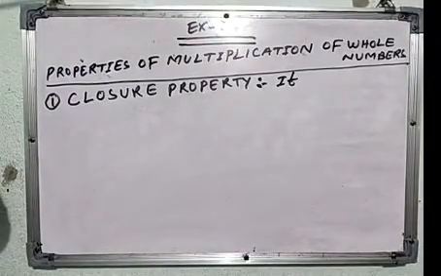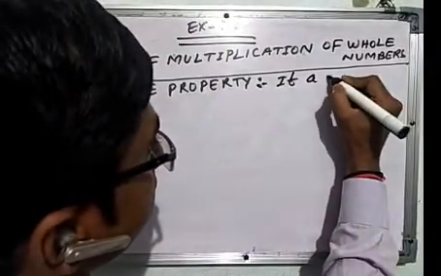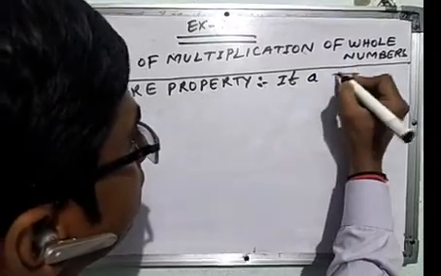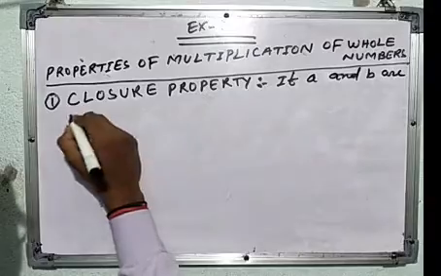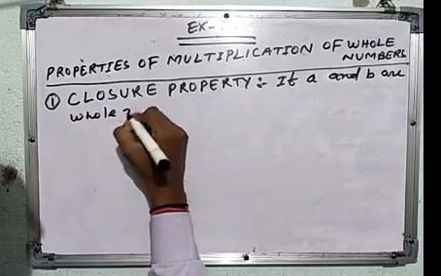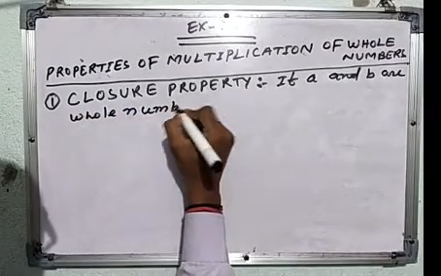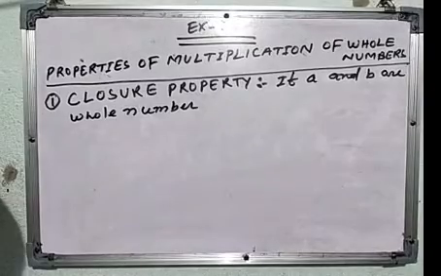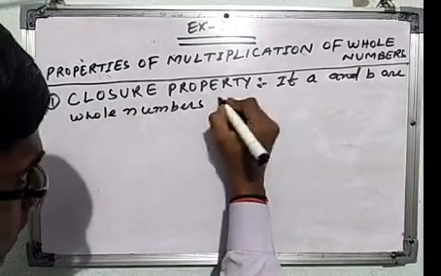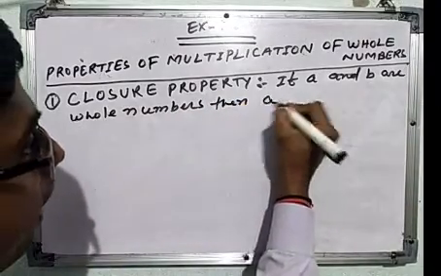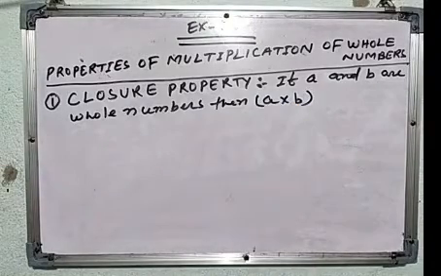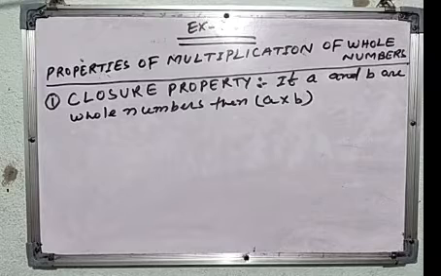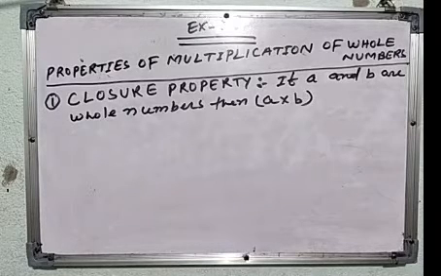If A and B are whole numbers, then A into B is also a whole number.